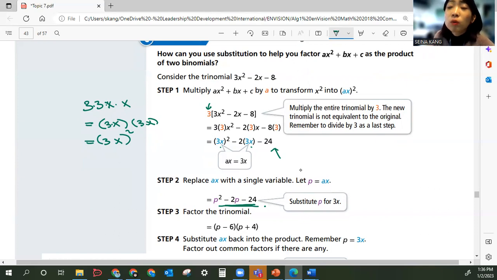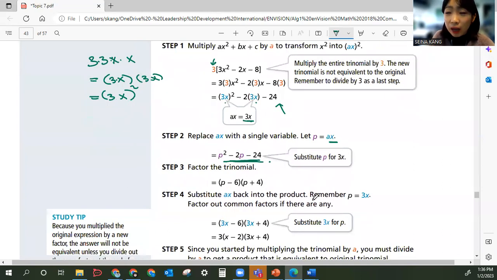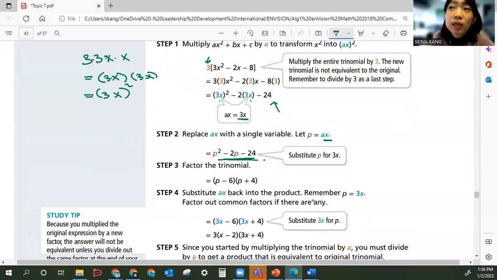And then what was p? It was ax, which was 3x in this example. So you're going to substitute the 3x back, because p is not even a variable that was in your original trinomial anyway, right? So we're just going to put it back to make it look like the original equation again.